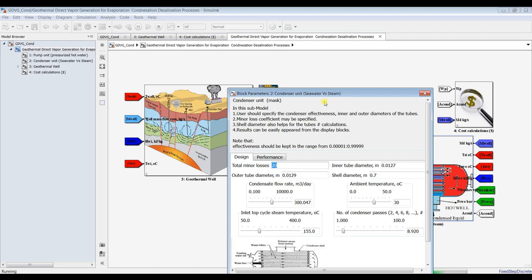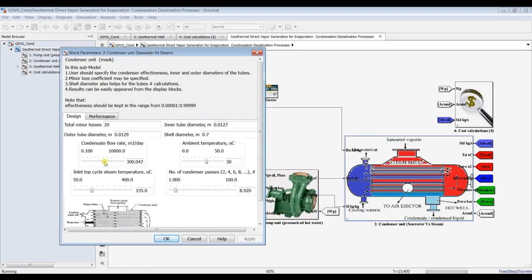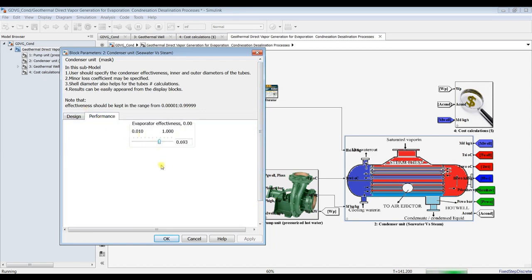Let's go here and try decreasing my productivity, down to lower values. 100 is enough, and decreasing our temperatures. No need for high temperatures because it's simple, down to 80, 90 degrees, decreasing the number of passages in the condenser, and decreasing my effectiveness down to 0.5.